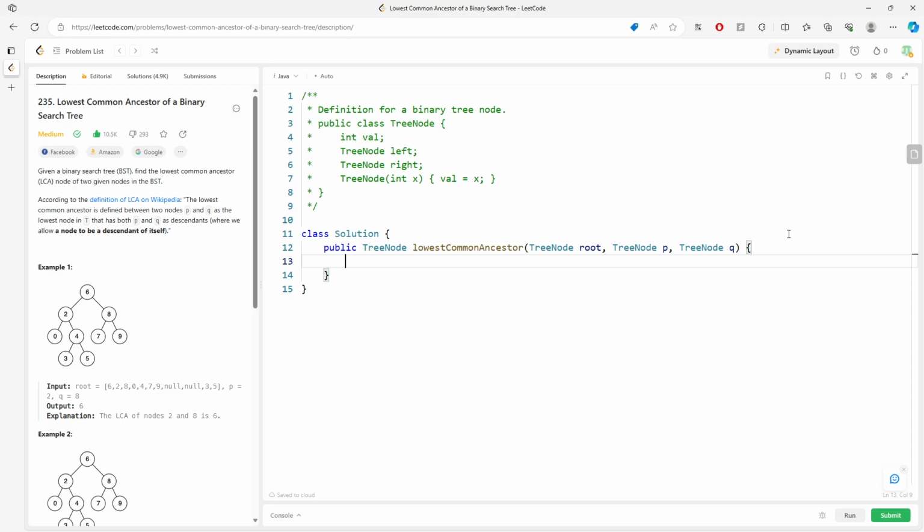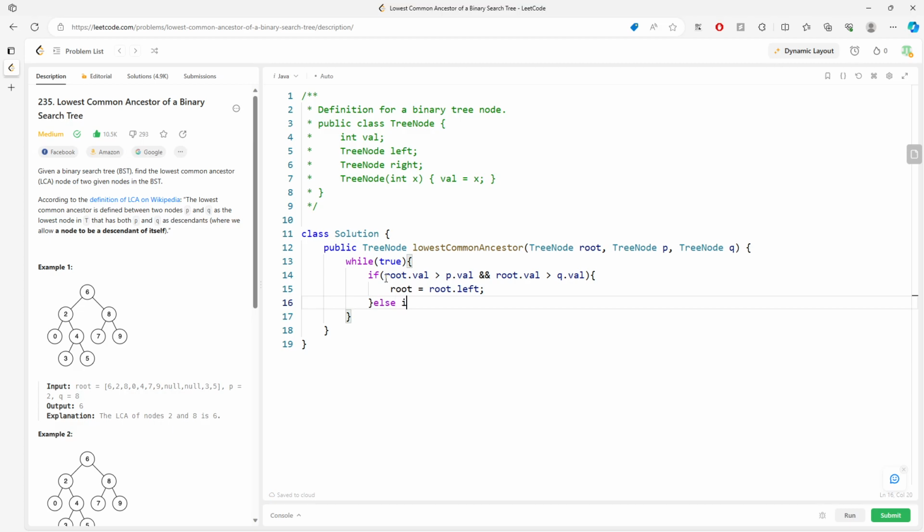The next solution is iteration. It is still the same, but using a while true condition, and instead of calling the function itself, we change our root. If root dot value is greater than P dot value and also greater than Q dot value, we change our root to root.left.